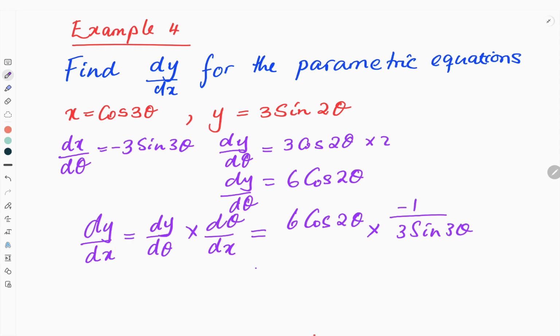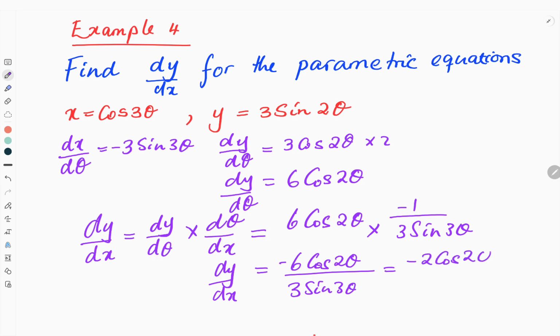So our dy/dx will equal 6 cos 2 theta divided by negative 3 sine 3 theta, which can be further simplified to be negative 2 cos 2 theta divided by sine 3 theta. That's how we do this example.